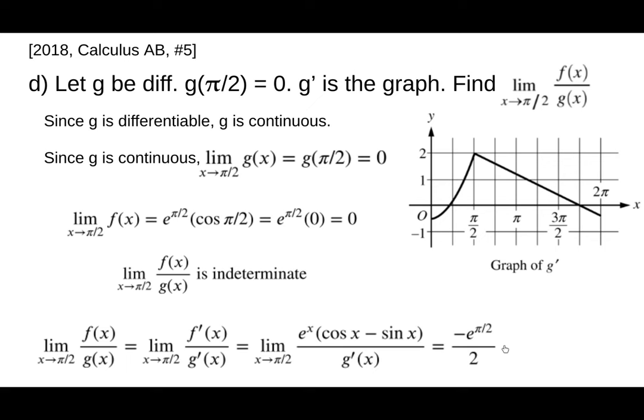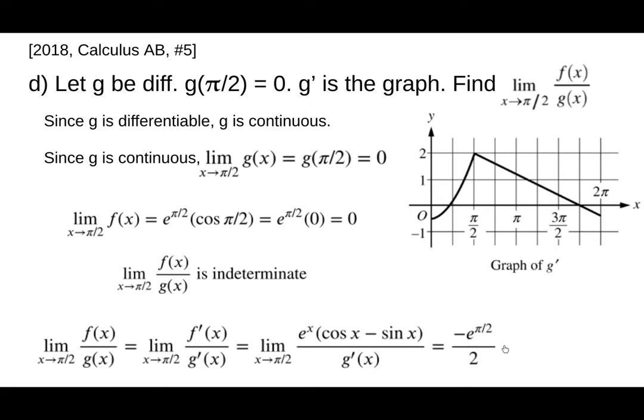Now notice, we don't have an explicit function for g prime of x. We only have the graph of its derivative. But it's pretty obvious from the graph of its derivative that g prime of pi halves is just 2.